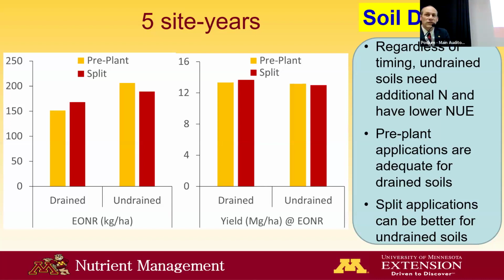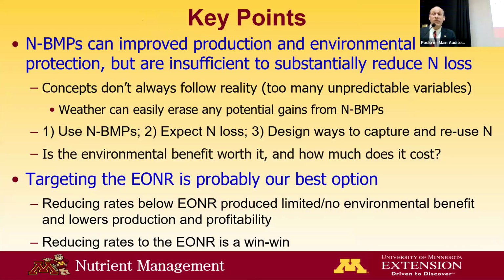So it's kind of this issue of pollution swapping. We also saw that pre-plant applications did very well in drained soils, but in undrained soils where you have more potential for nitrogen loss, the split application was a better option. So with all of that, again, a very high-level synthesis of a lot of different projects.